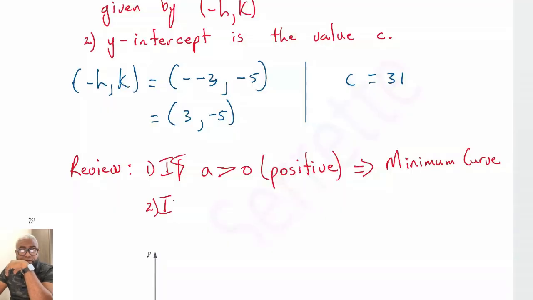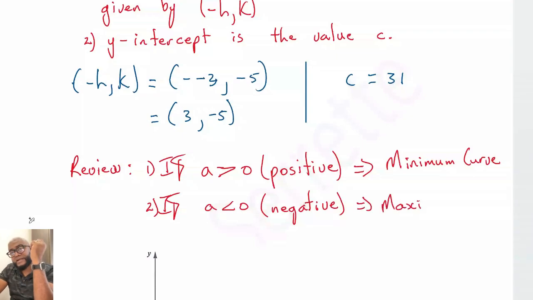Two, if a is less than 0, which implies a negative, this implies a maximum curve. Everybody good here? That's how you could tell whether a curve is maximum or minimum without completing the square.